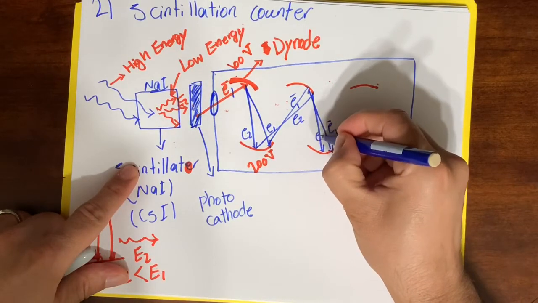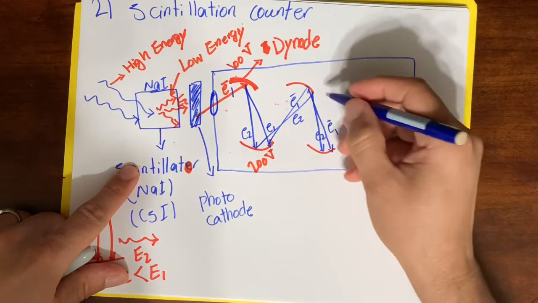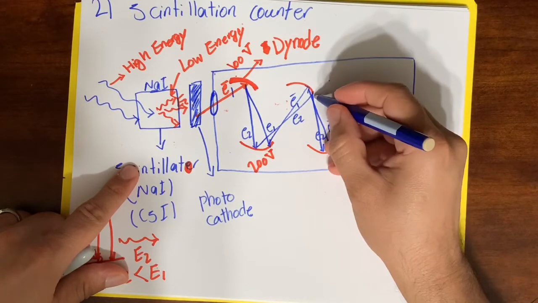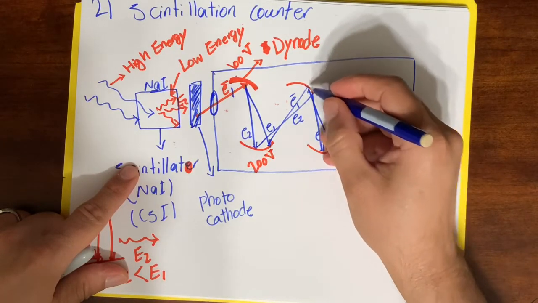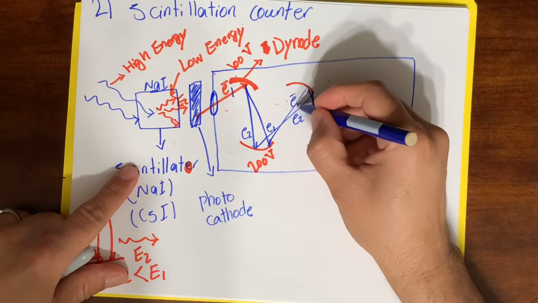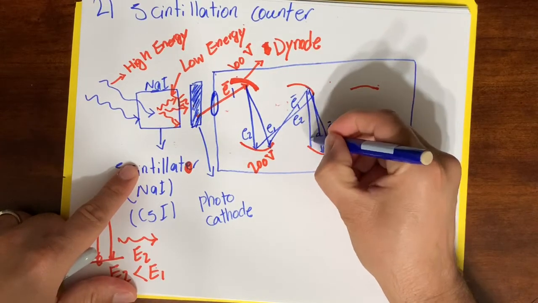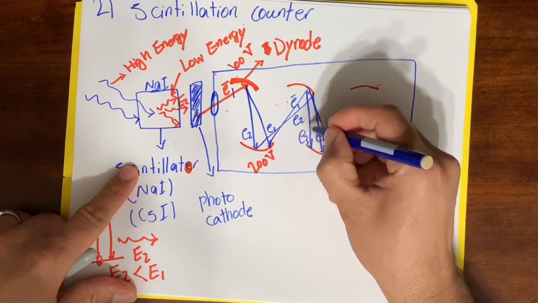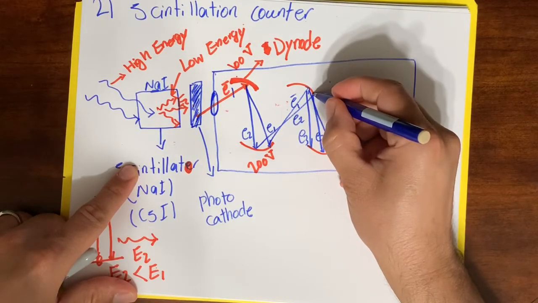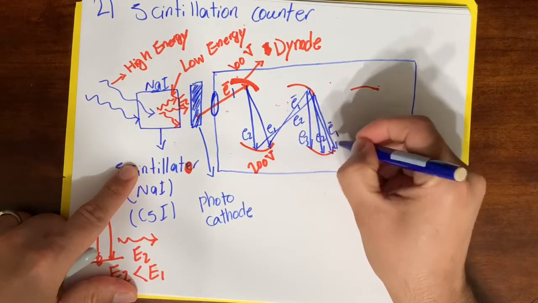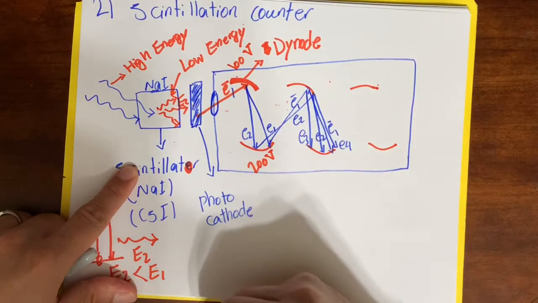That's number two. And also it will eject another electron, as well as number one. So now we will have one electron ejected by number one. This is going to be number three, and one by number two, and that's going to be electron number four.